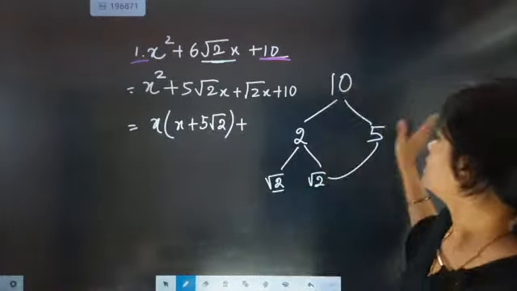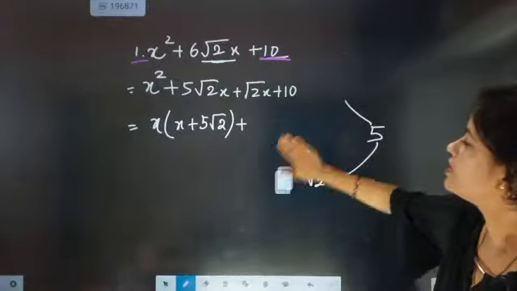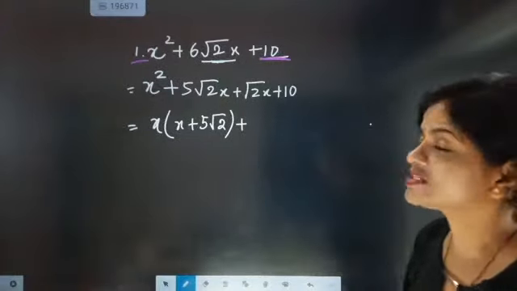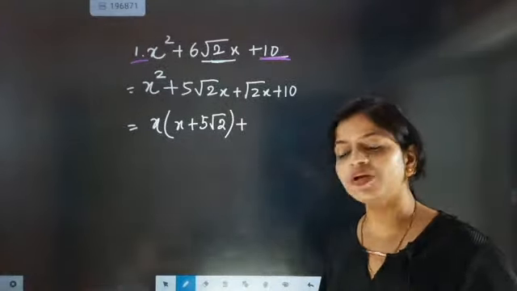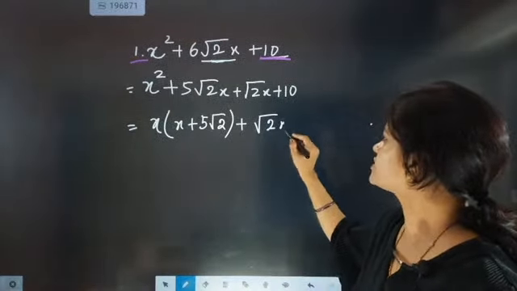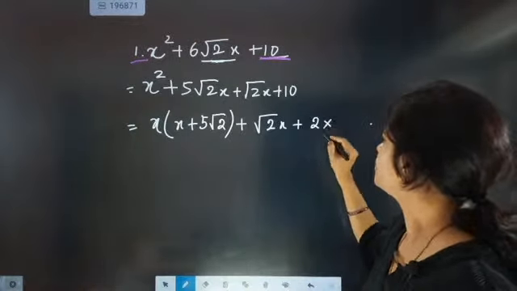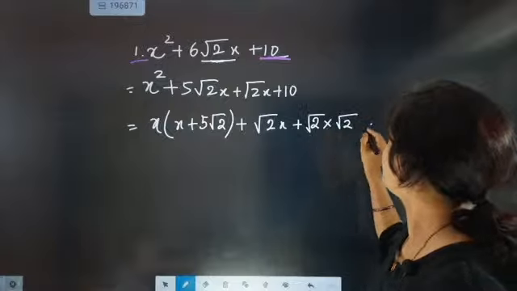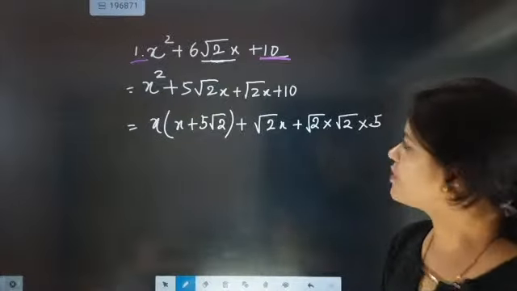Then here only one problem will be coming: root 2x plus 10 is there. Then again we have to split this into the form of root only. So it will become root 2x plus root 2 into root 2 into 5.